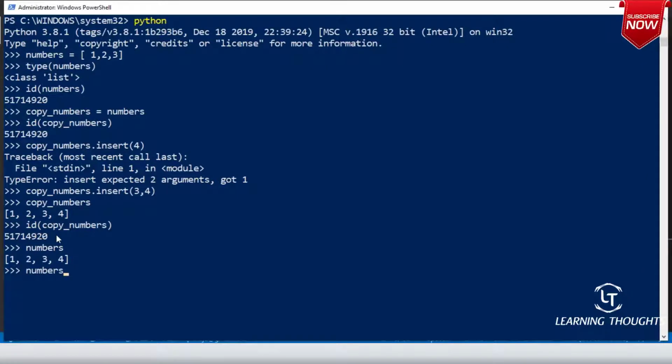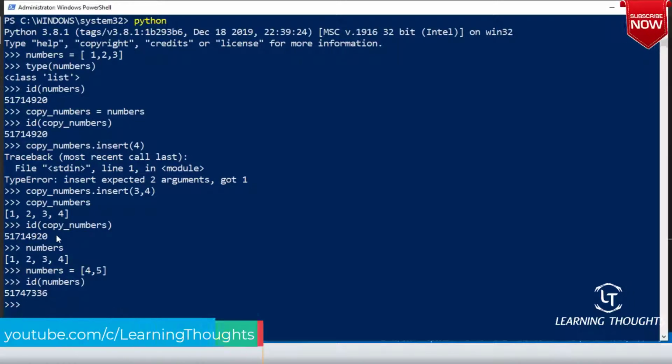Now let me say numbers is equal to 4, comma 5. Now the ID of numbers, did it change now? So in some cases it is changing, and in some cases it is not changing.